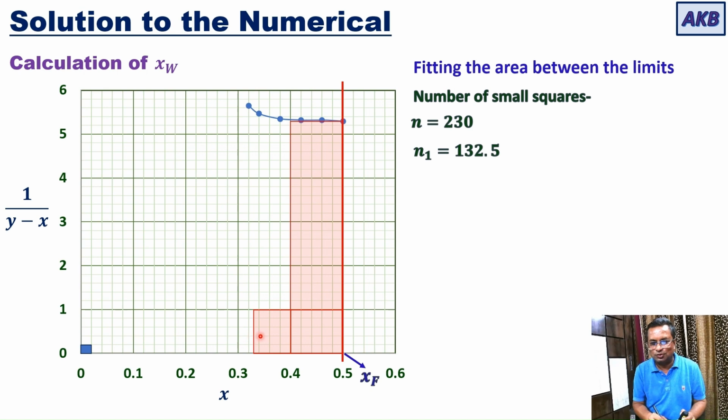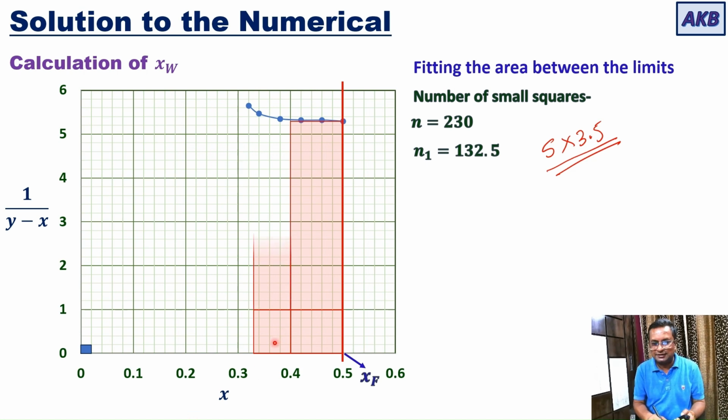So for one selected region I'll be covering 5 into 3.5 small squares. Again, the size is selected so that I'll be able to cover the entire vertical distance under the curve.